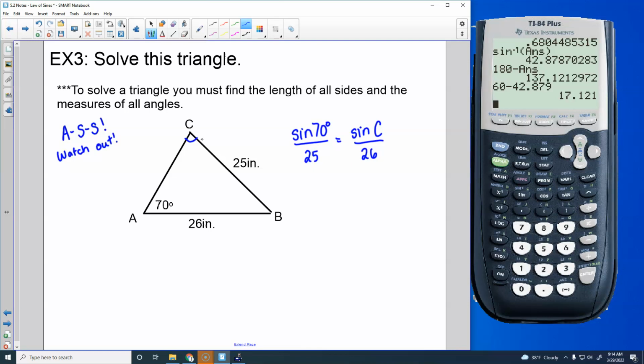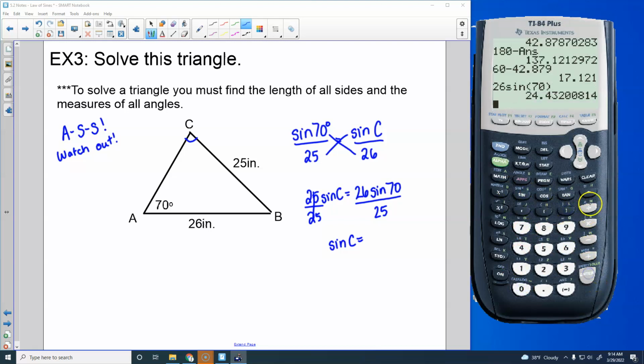Okay, so from here, we're just going to cross multiply: 25 sine C equals 26 sine 70. I'll divide both sides by 25. And we got 26 sine 70 divided by 25.